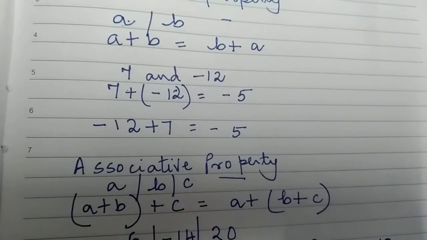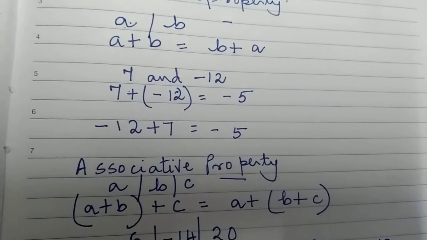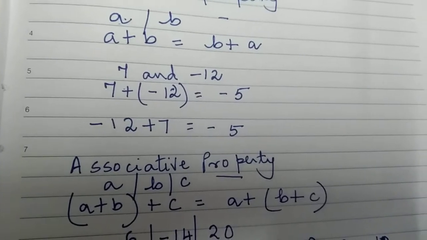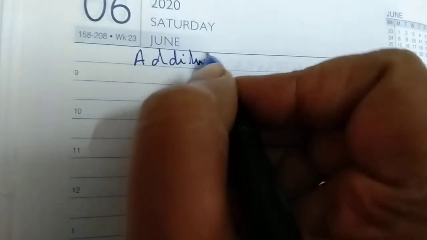Which is the next law? The next law is the existence of an additive identity. Now, what is an additive identity? Remember that if I have any integer as a, what did I say? I said additive identity.